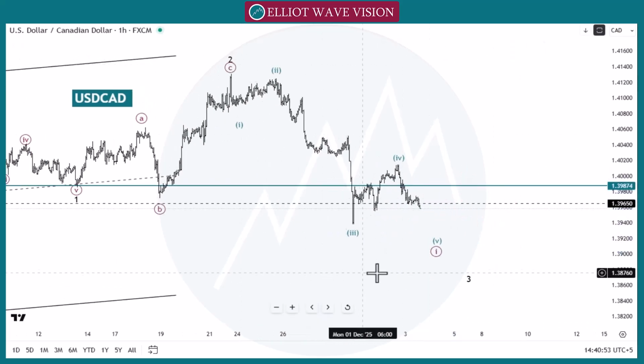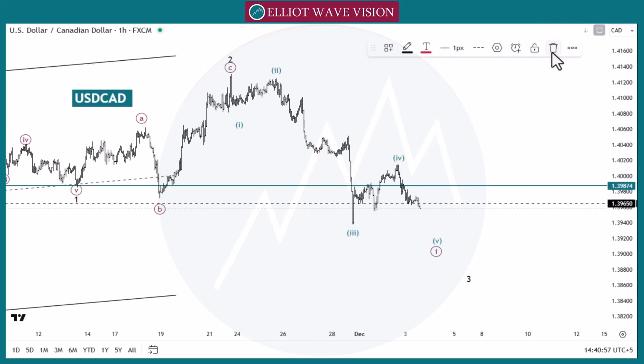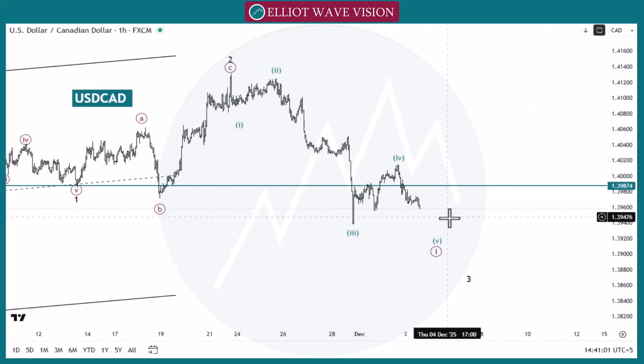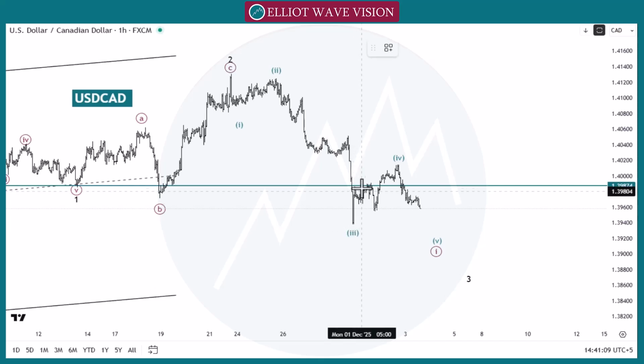Let's check another number, 1.39, 1.98. So now the market crossed this point and gives us the A, B and C. We can go directly with this point, but the Elliott wave count gives us this last leg.